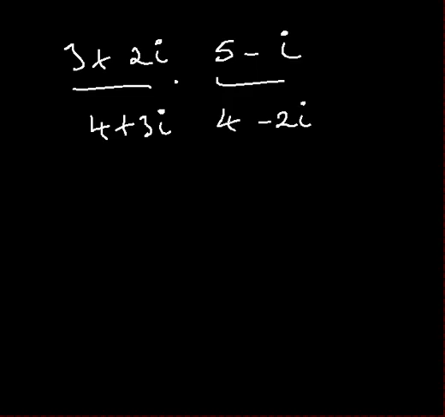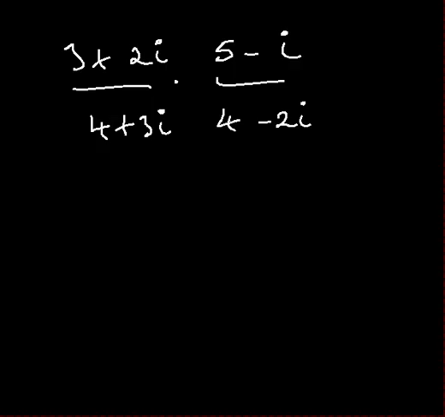So how do you think we should handle this kind of expression? First, we express this in terms of the division of complex numbers. We also express this one in terms of the division of complex numbers. Then we operate the product of the two.